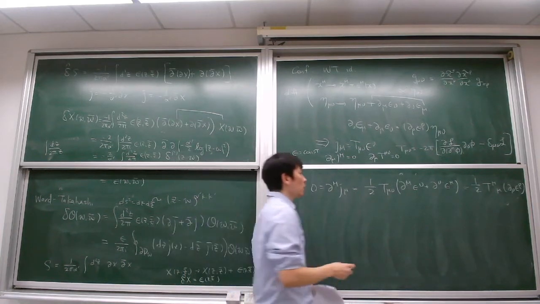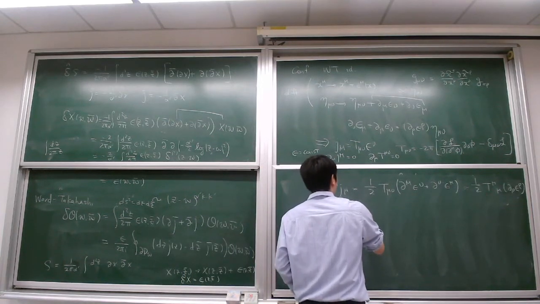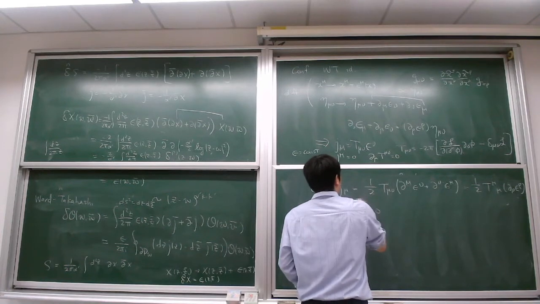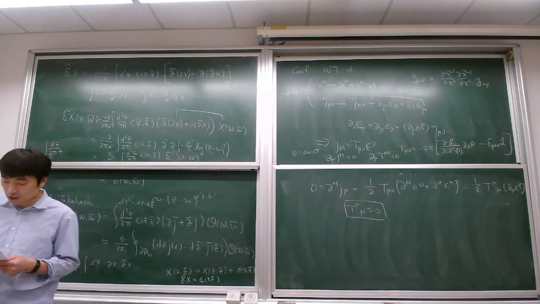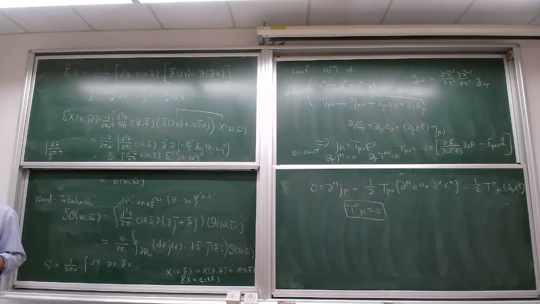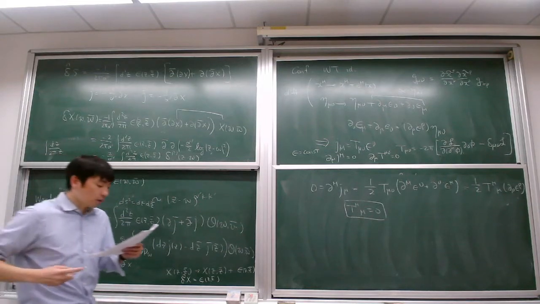This is the classical consequence of the conformal symmetry at the classical level.